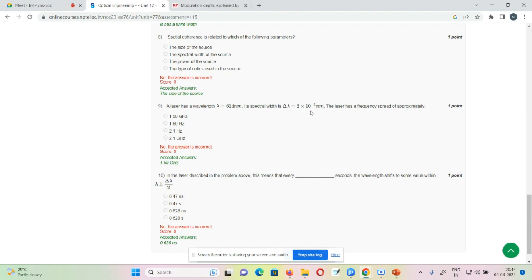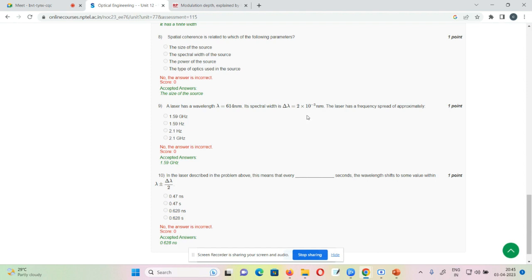So within that particular time, the wavelength is changing in between lambda plus or minus delta lambda by 2. That time has a particular name. It is called coherence time.